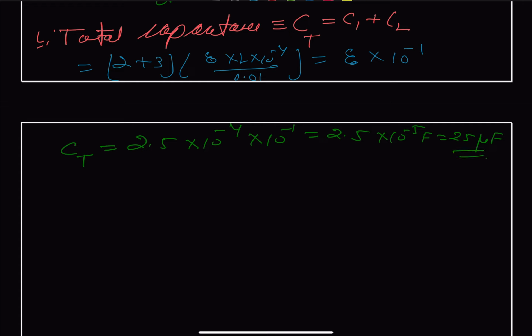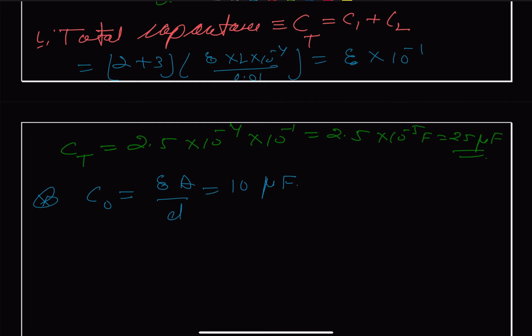And our C naught is given to us as 10 microfarad. C naught, which is epsilon naught A upon D, is given as 10 microfarad.